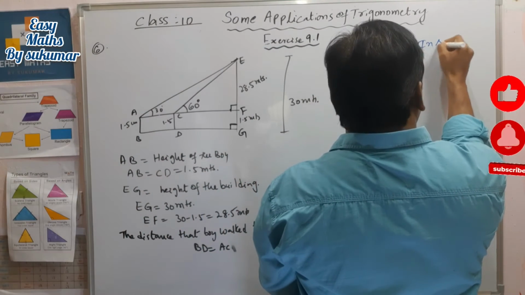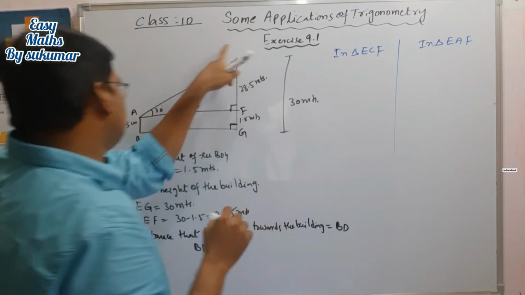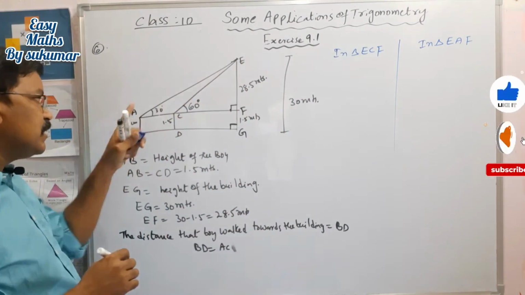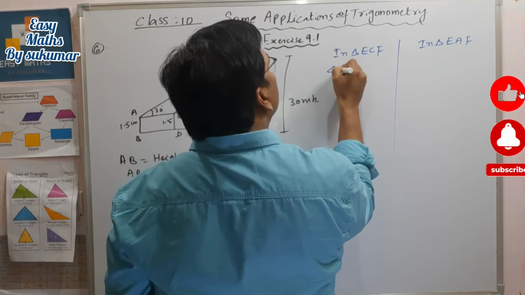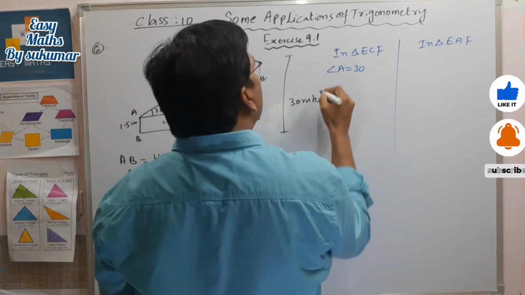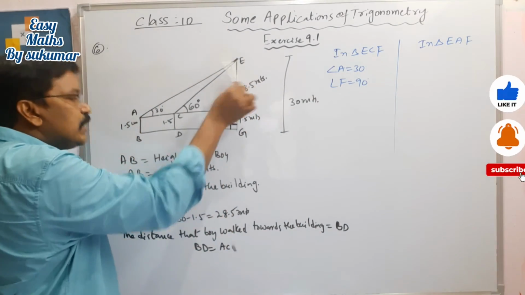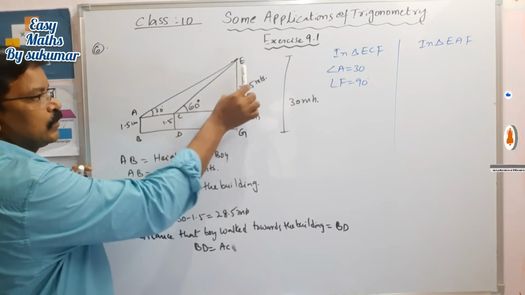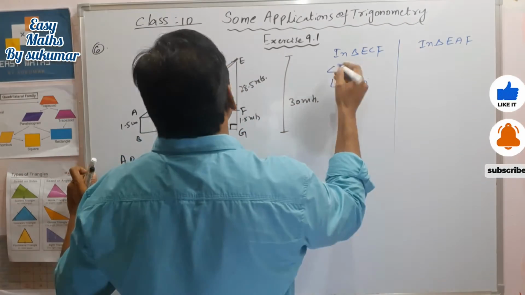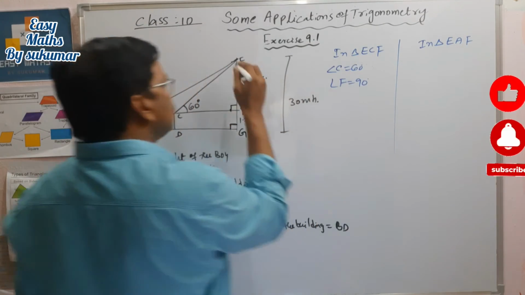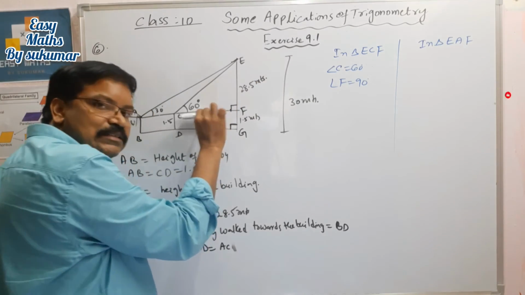In triangle EAF, angle A is 30 degrees and angle F is equal to 90 degrees, of course. In triangle ECF, this angle C is 60 degrees. Here in ECF, EF is 28.5. We don't know what CF is.